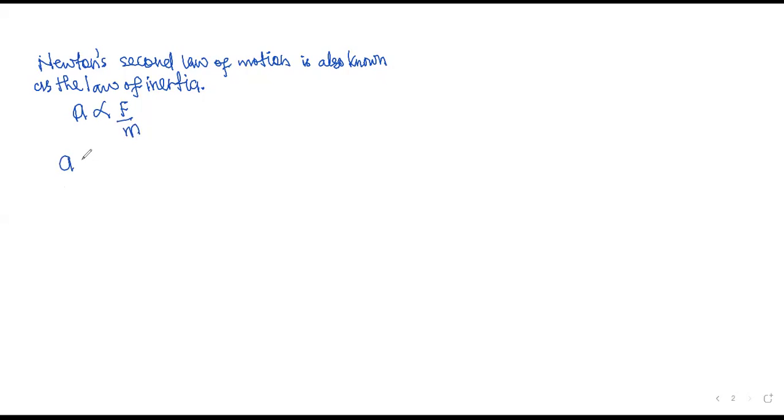A is therefore equal to a constant of proportionality times F over M. If we take the SI units of acceleration, force, and mass, the constant of proportionality K is equal to 1. So that we have F is equal to ma, just as Newton's second law.